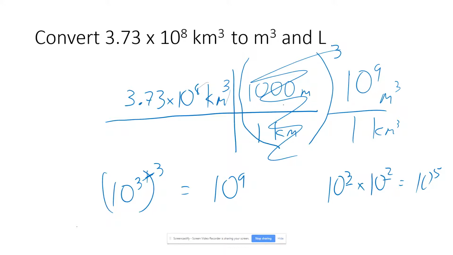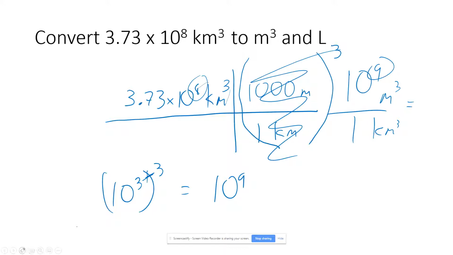So it's 1,000 meters in a kilometer. And when you take 10 to the third and raise it to the third power, you get 10 to the ninth. So 10 to the ninth times 10 to the 8th. Actually, I can do this in my head. Mr. Roach, he just said, add this. So you add the 8 and the 9. Okay.